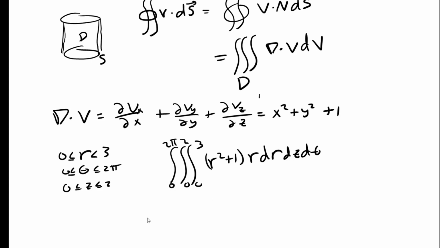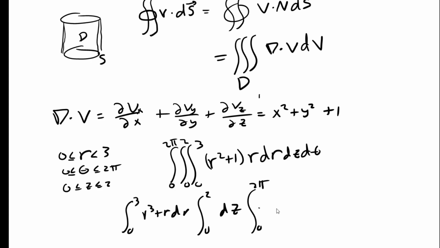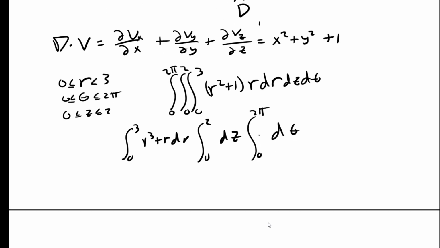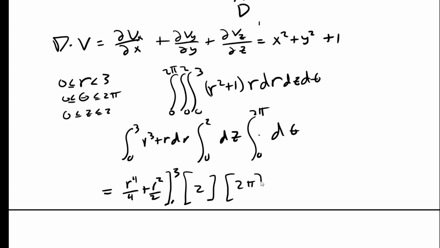I can separate this into the integral from 0 to 3 of r cubed plus r dr, times the integral from 0 to 2 dz, times the integral from 0 to 2 pi d theta, which equals r to the 4 over 4 plus r squared over 2 from 0 to 3. This becomes 2, and this becomes 2 pi.